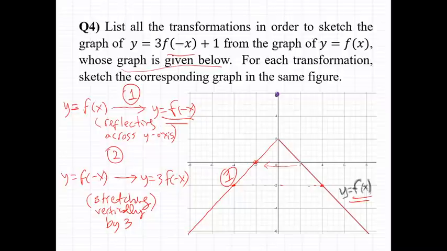It will be 6. 3 times half will go up to here. Zero will be the same. Now, if you have minus 2, it will go to negative 6, 3 times here.